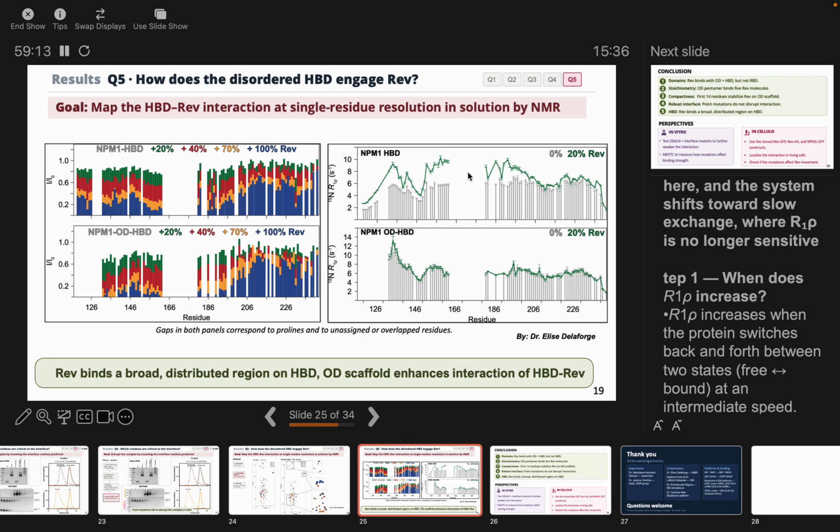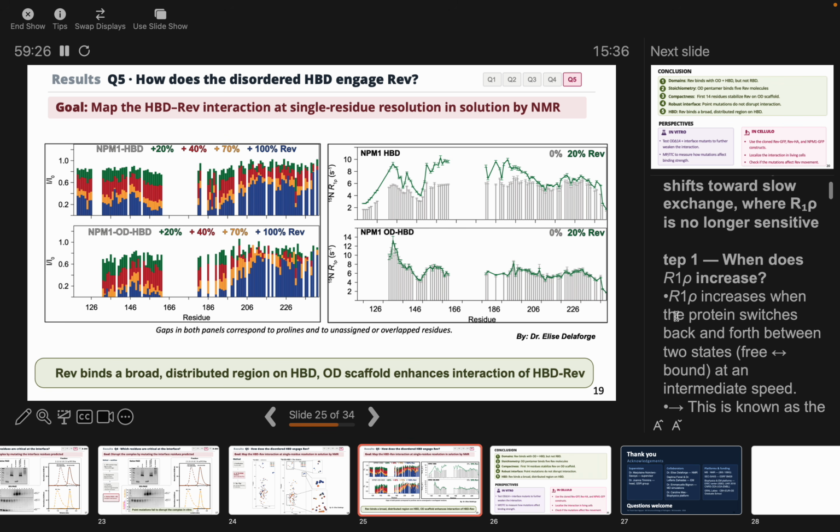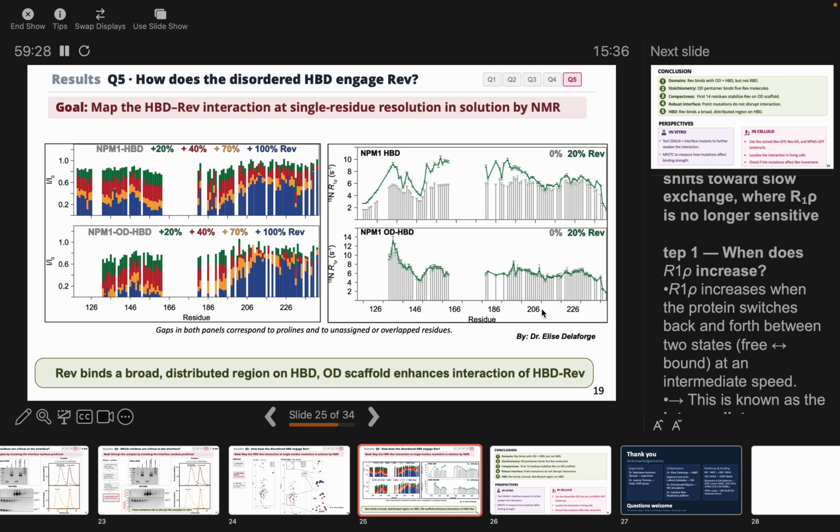So first at the HBD, when we add 20% of graph, the first up to 100 increases, which means that the HBD is moving slower. Are you sure? When we add graph, it's much higher, no?